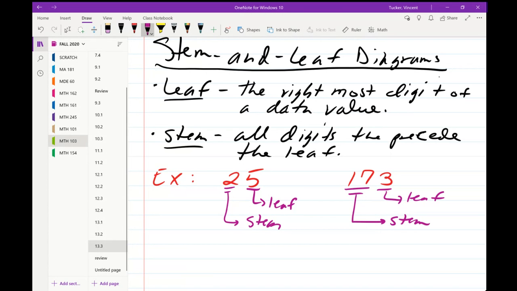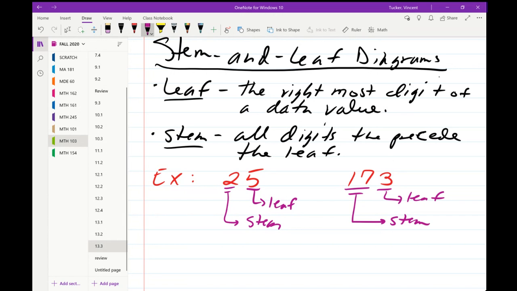All right, so stem and leaf diagrams. Like I said, this is the last thing in this section. Your leaf will be the rightmost digit of your data value, and then your stem will be all of the digits that precede the leaf.